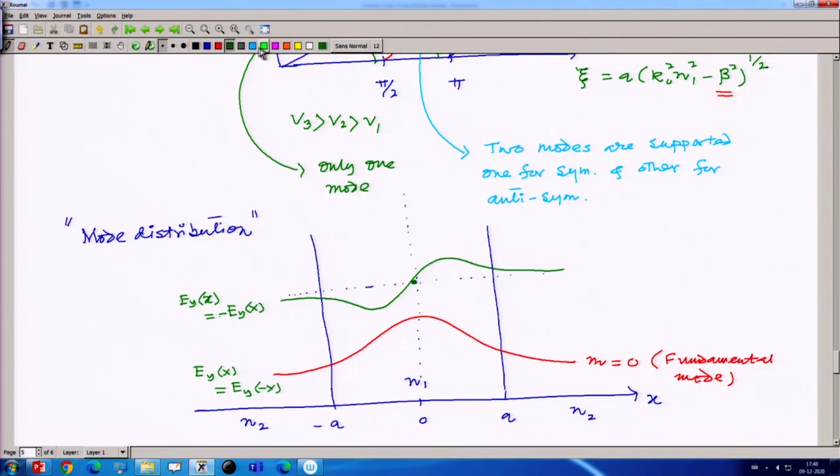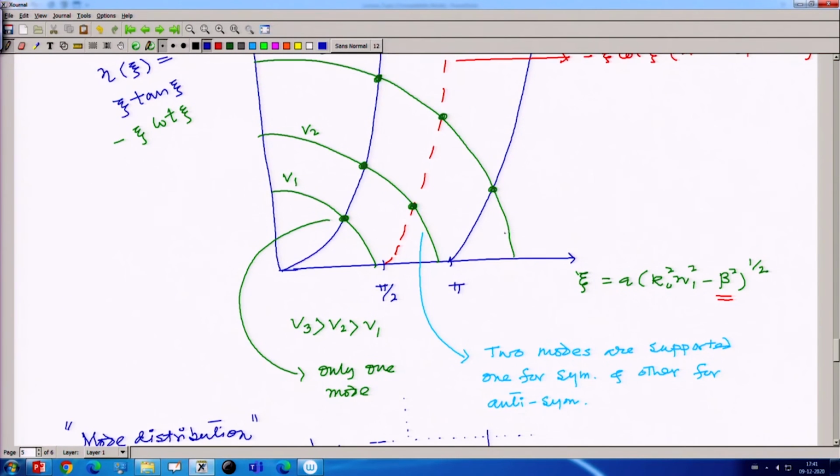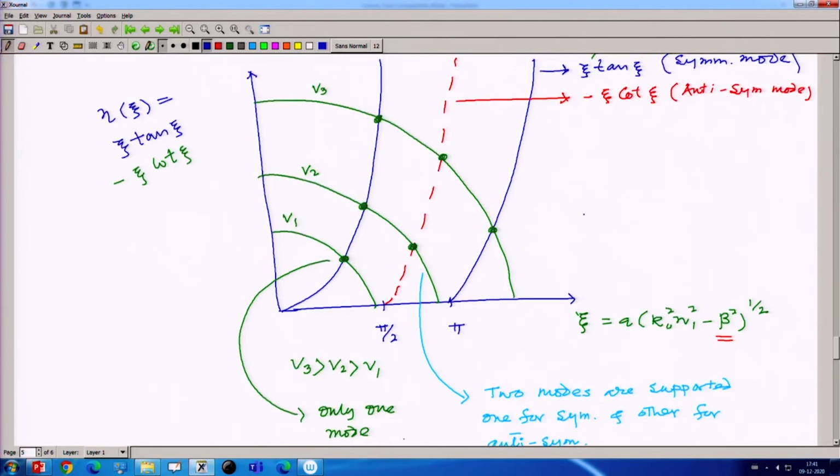Let me draw the higher order modes before the conclusion of the class. According to our picture, there is a third cutting point here. So, I am drawing the 3 modes. Let me define here: this is 1, this is 2 and this is 3.